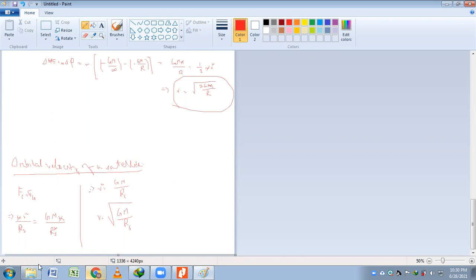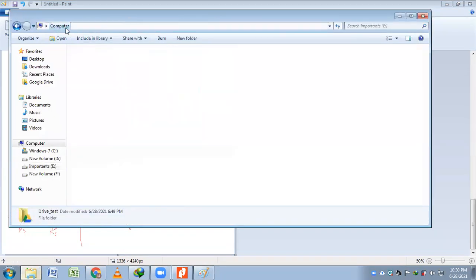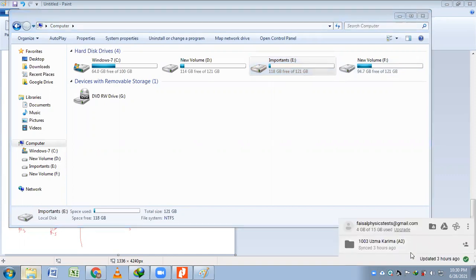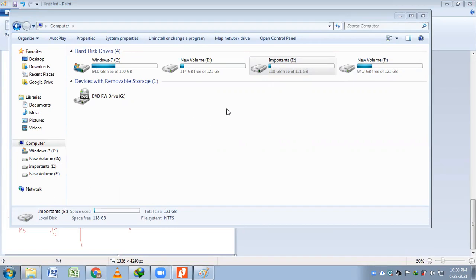For the sake of convenience, I'm going to show you what formulas are going to be available in your actual exam.